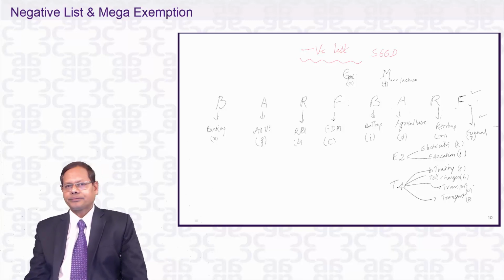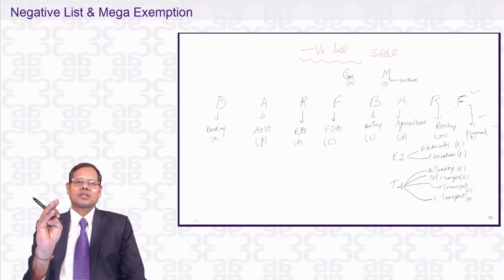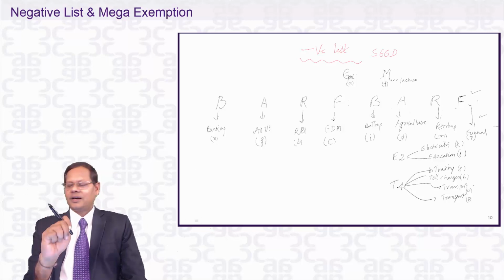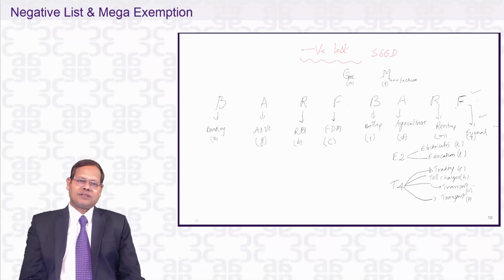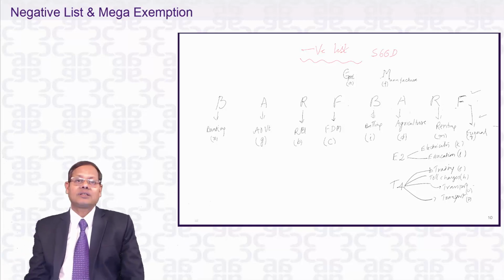But at the same time, other reasons could be like public interest, to avoid double taxation, and a particular thing which is already under the state list, state subject, central government normally doesn't want to interfere. So double taxation, state subject, public interest, special status, and sovereign functions. These are the major considerations before the central government to put certain services under the negative list.